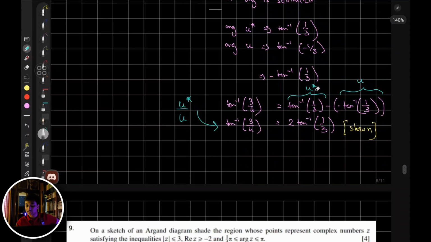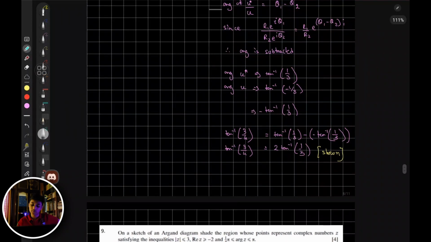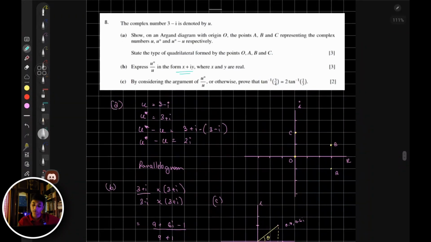So let's prove it using that. What is the argument for u conjugate? Tan inverse of 1/3. What is the argument for u? Negative tan inverse of 1/3. So the minus gets cancelled out and it becomes positive. So you get the expression 2 tan inverse 1/3. This is how you prove that tan inverse of 3/4 is 2 tan inverse of 1/3.